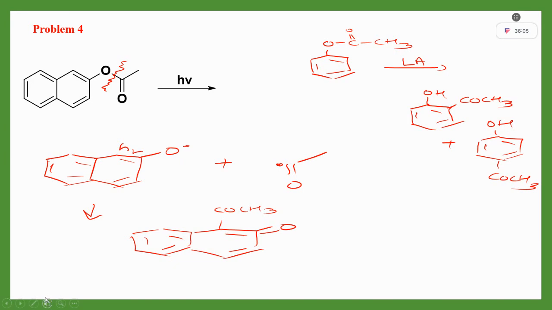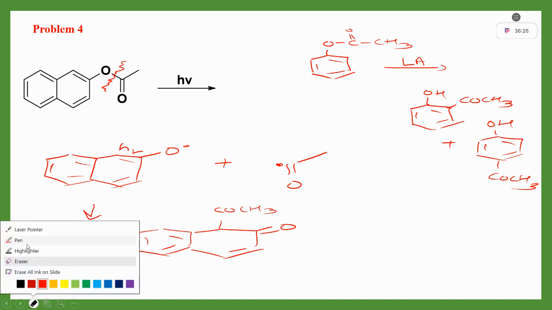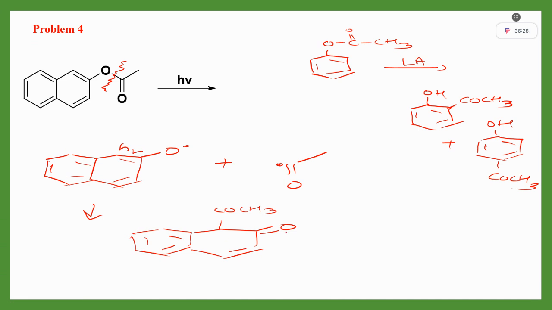Okay, I have done one mistake. First, it will form this. Understood? The radical will combine and will give you a ketone. And in another instance, this radical will be quenched by this acyl radical, leading to formation of this. Now it can undergo tautomerization to gain aromaticity back.